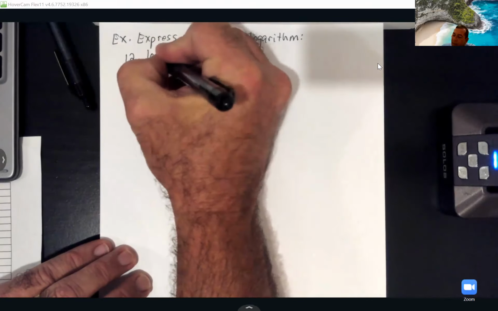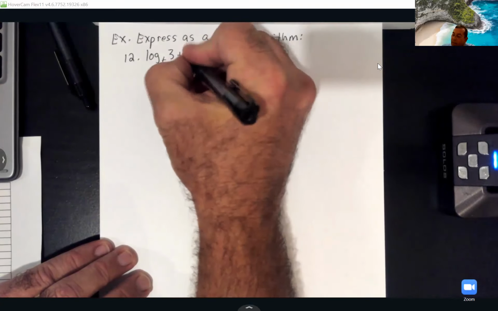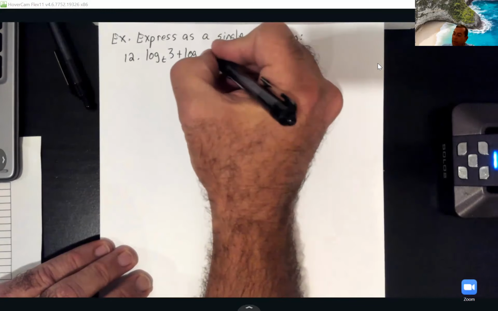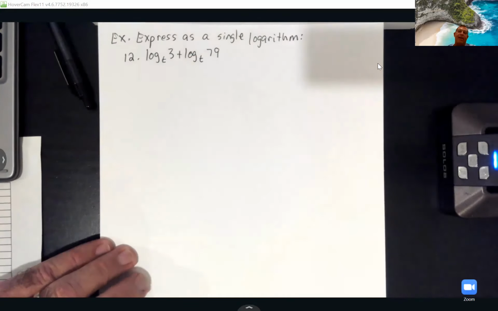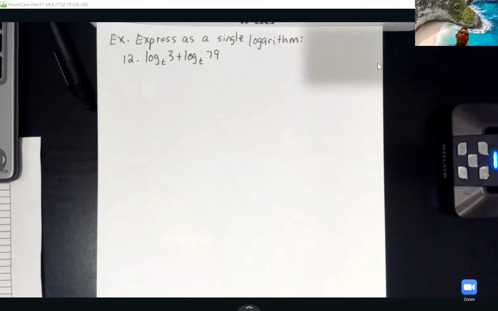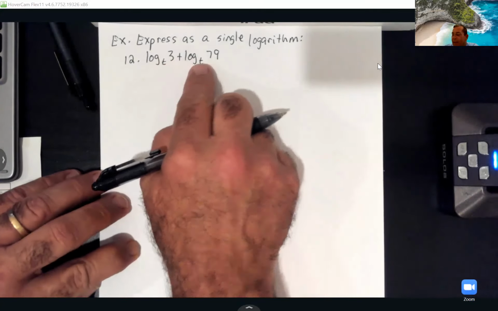Log base t of 3 plus log base t of 79. So think about it. If we're going in reverse, you got 2 things being added.